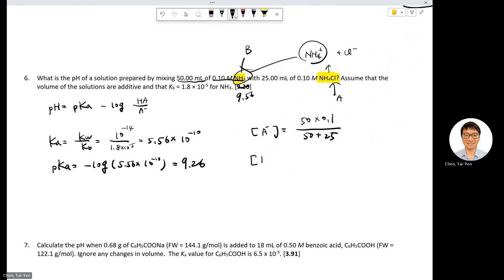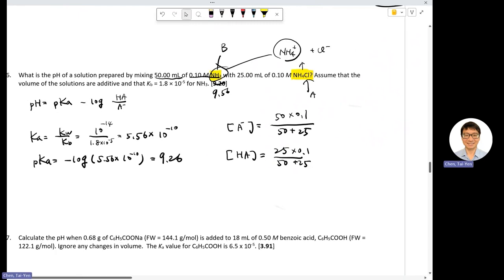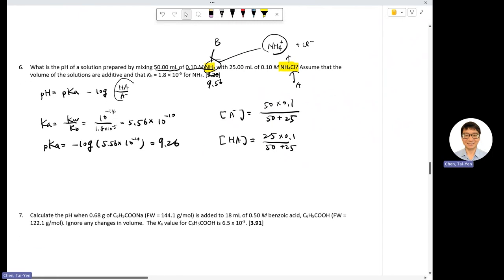The concentration of your acid equals 25 times 0.1 divided by 50 plus 25. What you really care about is the ratio.